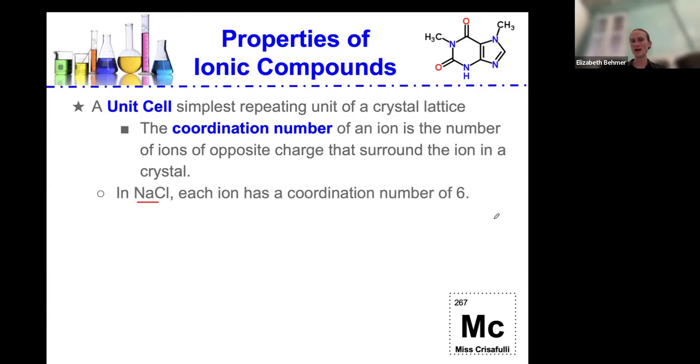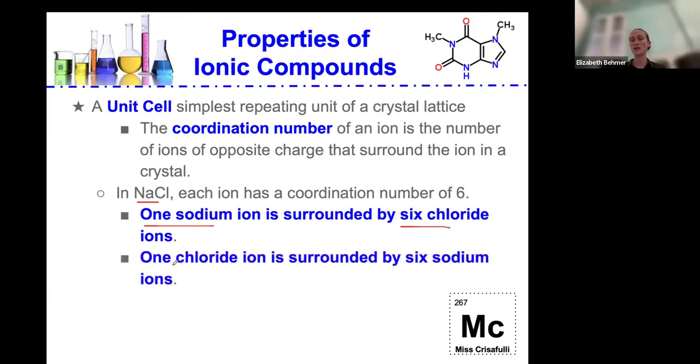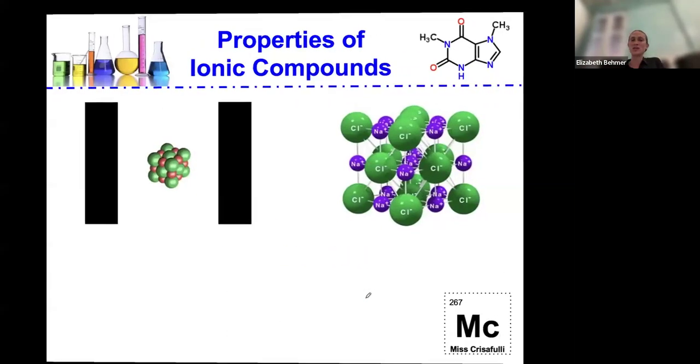That just means that one sodium ion is surrounded by 6 chloride ions, and one chloride ion is surrounded by 6 sodium ions. So we have this really pretty crystal lattice structure as shown here.